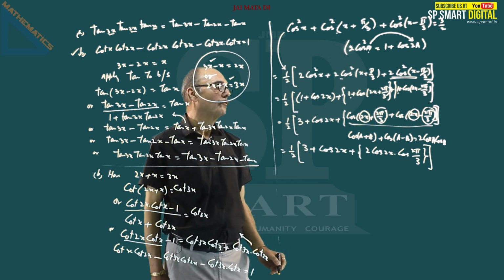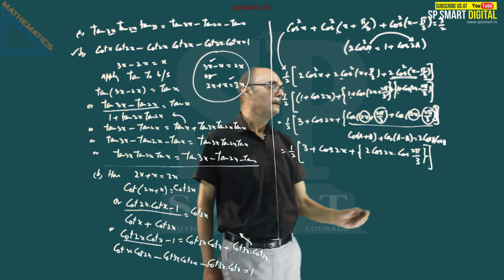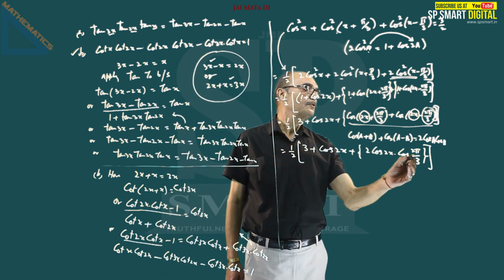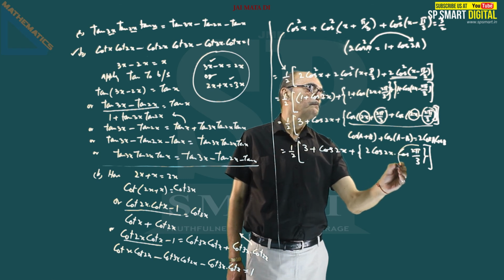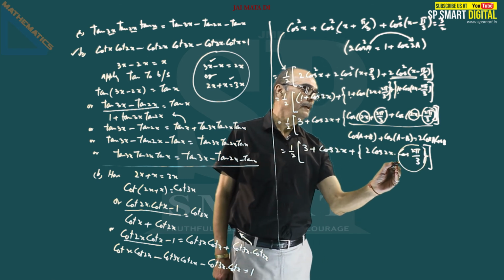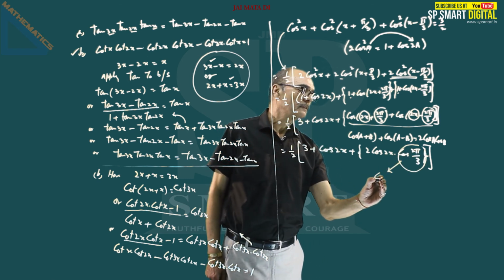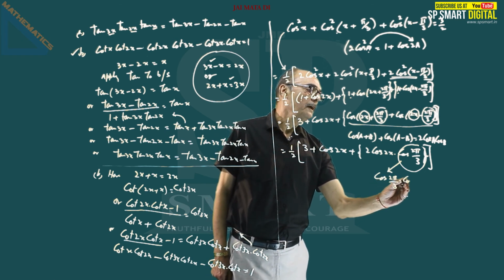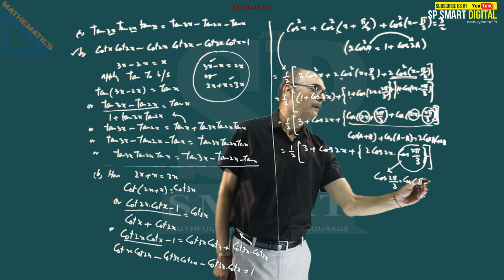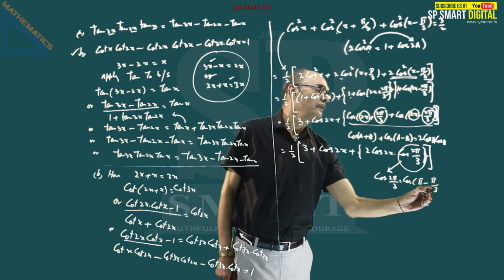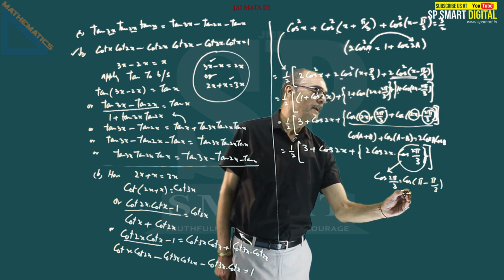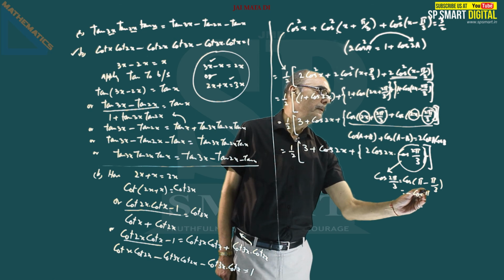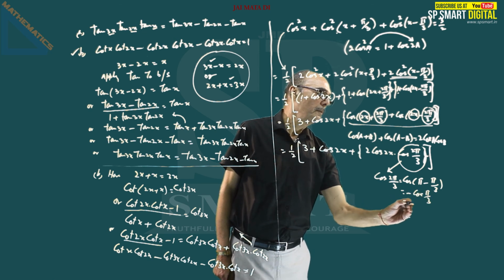To find the value of this, cos 2 pi by 3 can be written as pi minus pi by 3. In second quadrant it is negative cos of pi by 3, which is minus 1 by 2.